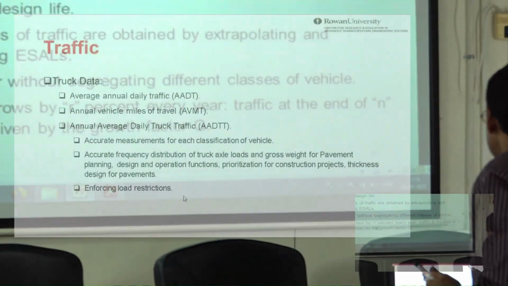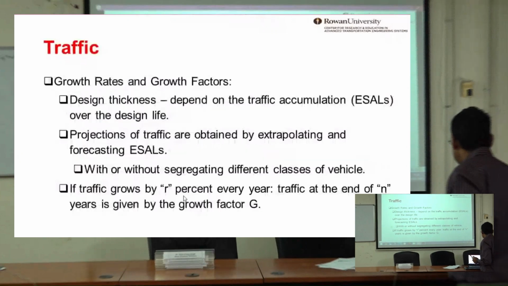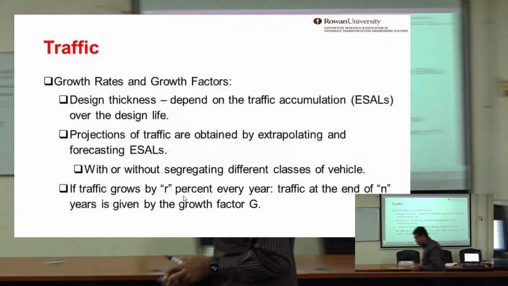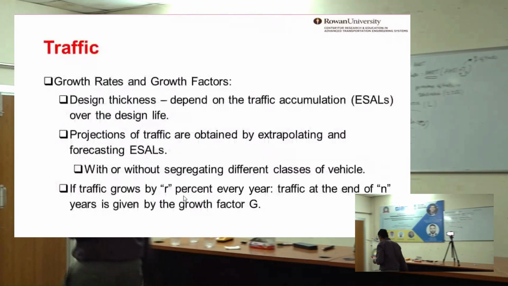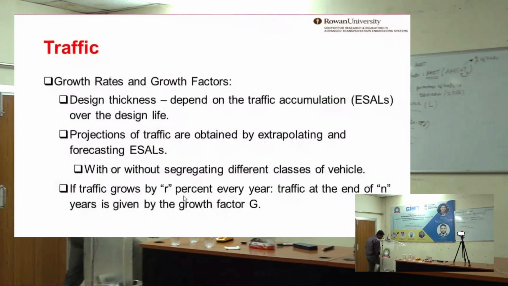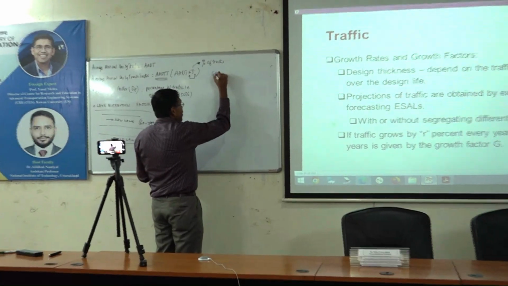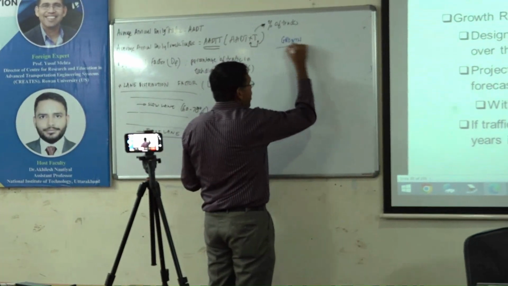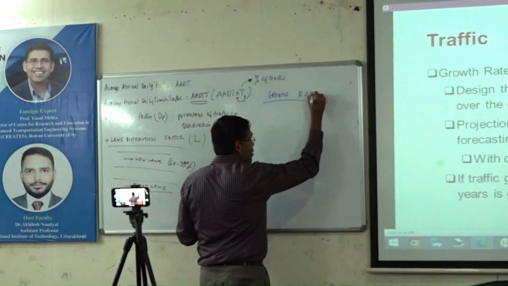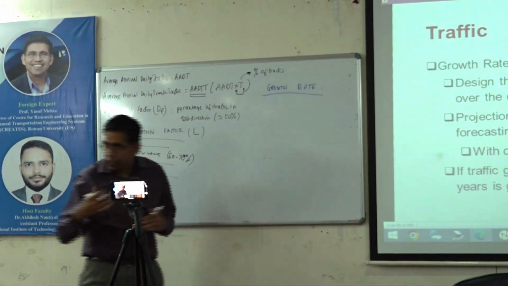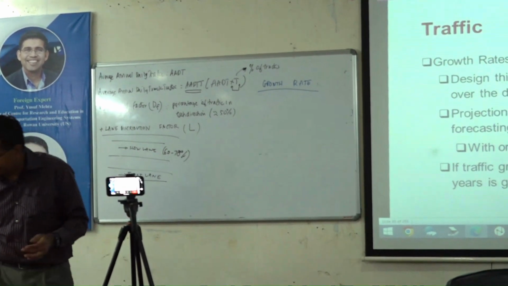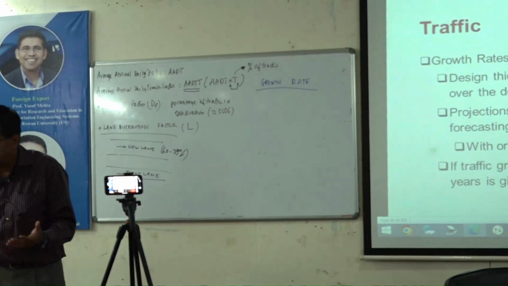Let's keep going. Growth rate. This is a fun one. I'm going to ask you this question and see if you can answer it. Traffic is growing every year, let's say it increases by 4 or 5% every year.